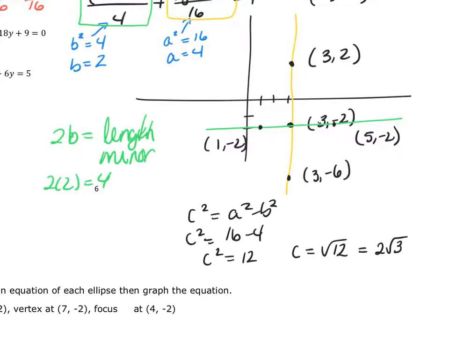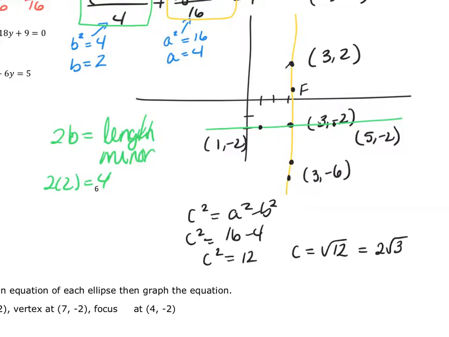Now, to find where the foci are, again, I'm not going to memorize anything. I don't want to memorize it. So I'm just going to go from the center along the major axis. And if I'm going from the center along the major axis, if I'm adding that 2 square root of 3, am I adding it to the x part or the y part in this case? I'm adding it to the y part. So I know where my foci are, so this is my foci, and here is going to be my foci.